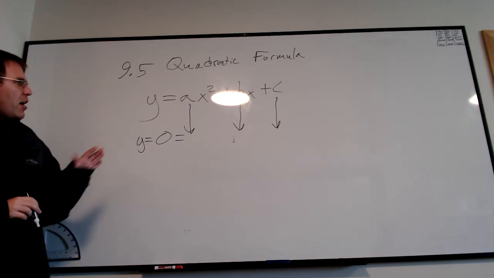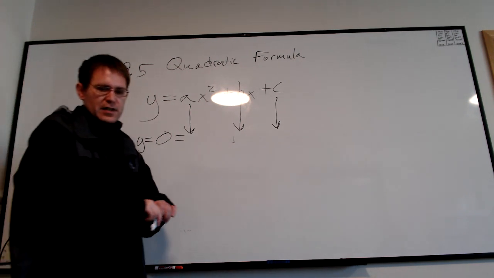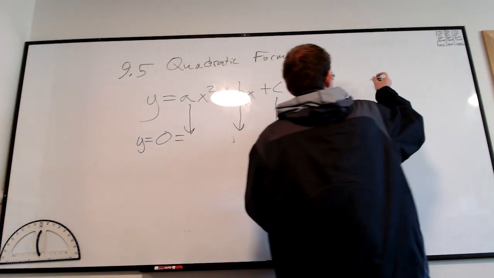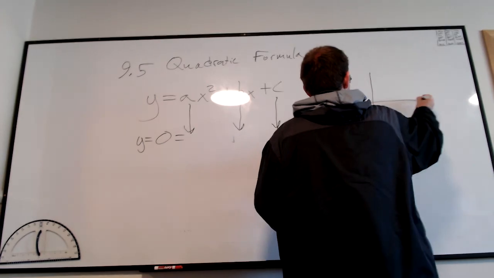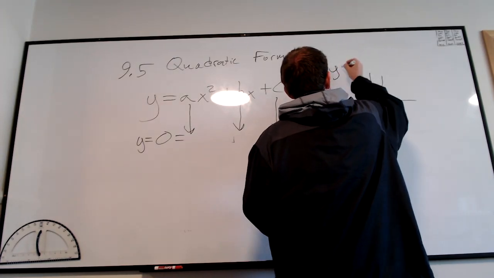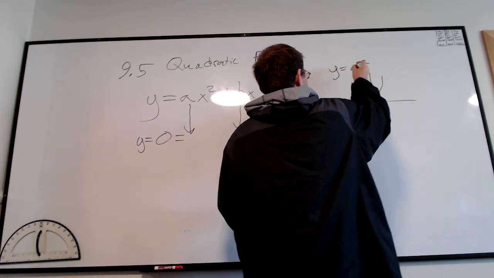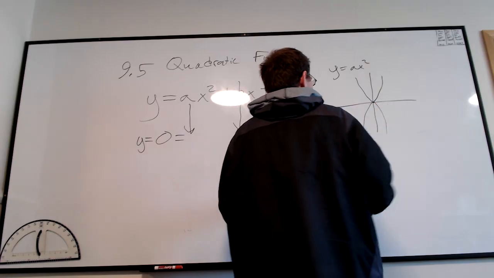So let me show you some possible solutions you could get graphically for this. The first parabola that we've been talking about was normally like y equals ax squared, which can be something like this, or depending on the value, may be down like this.